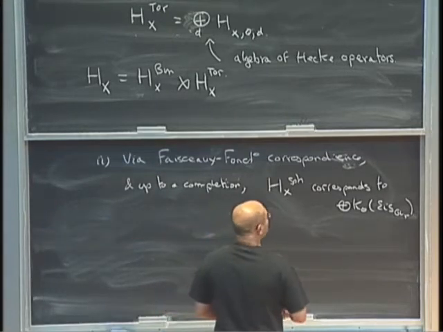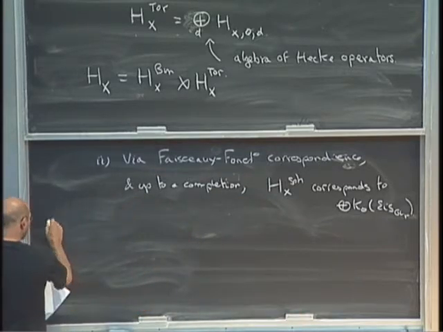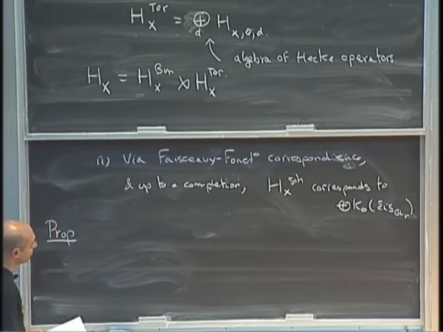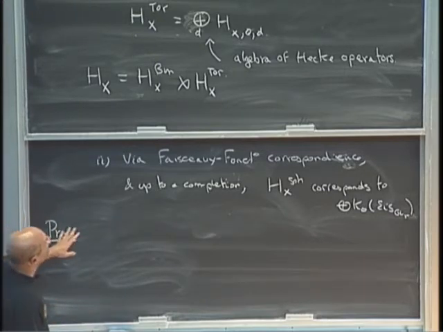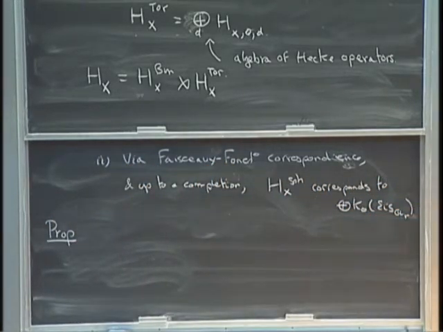Okay, so I want to state one result here, one proposition, which explains that this algebra really only depends on the zeta function of the curve and not on the curve itself.